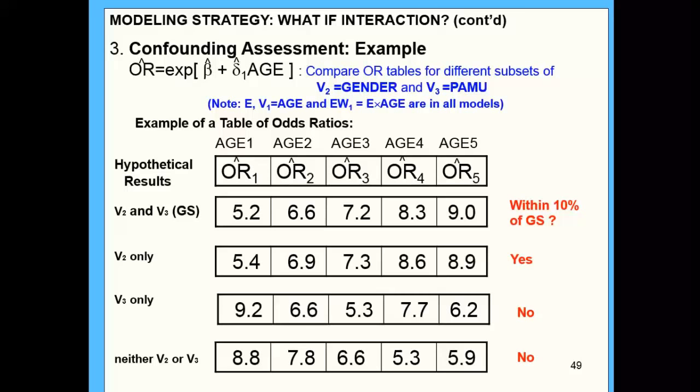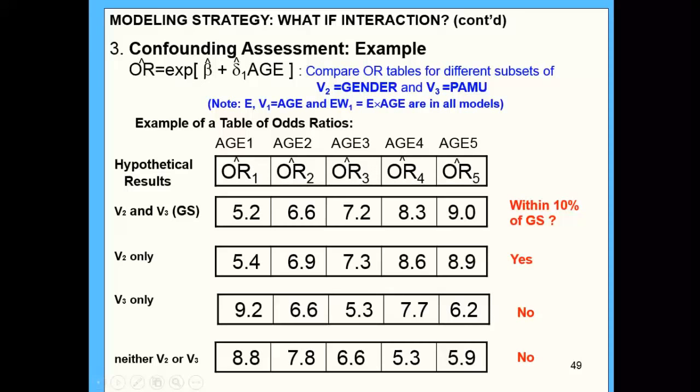I don't know even whether it's clear-cut, but in any case, if you look at the table for the gold standard and the table when you drop V3, and you look at each of the different age values that are chosen, the odds ratio when you drop V3, which is PAMU, is almost the same as the odds ratio in the gold standard.